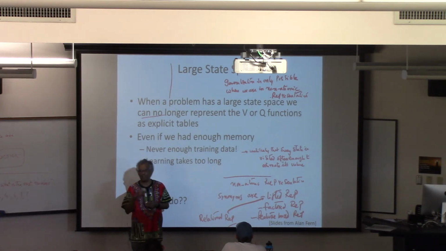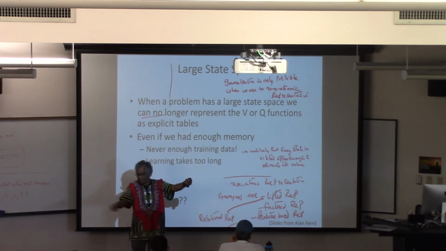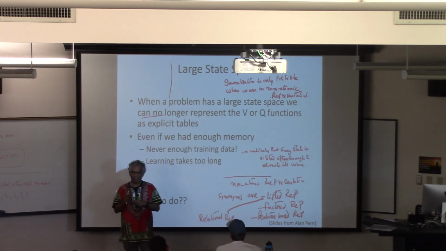There should be some formula that will right away tell you, for each state, you put its features into this formula, it will tell you the value. Do you see what I'm saying? That's compression. So you want something like that if you want to deal with large state spaces.